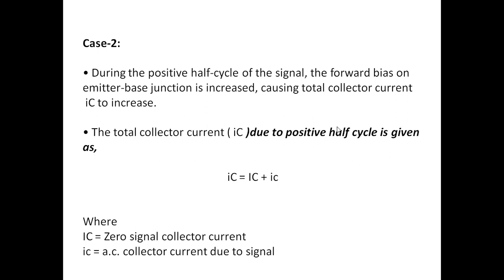Small i small c is the AC collector current due to the positive half cycle at the input side. So the total collector current is the zero signal collector current plus the AC signal applied at the input side. These two will be added. Therefore, the output signal will increase.